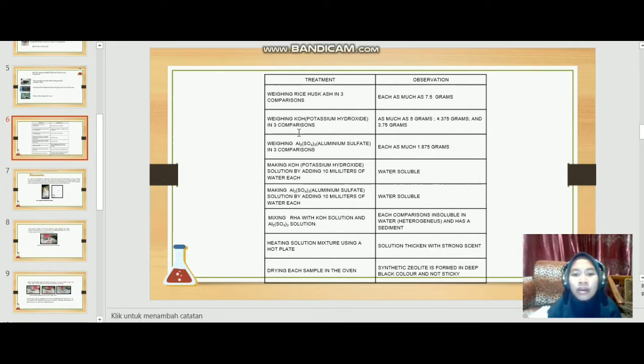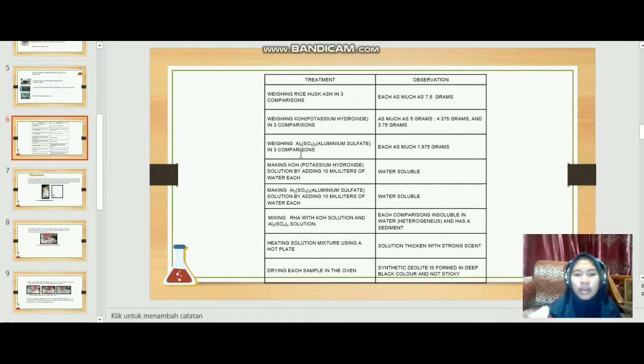Next, weigh KOH, potassium hydroxide, in 3 comparisons. Observation: as much as 5 gram, 4.375 gram and 3.75 grams.